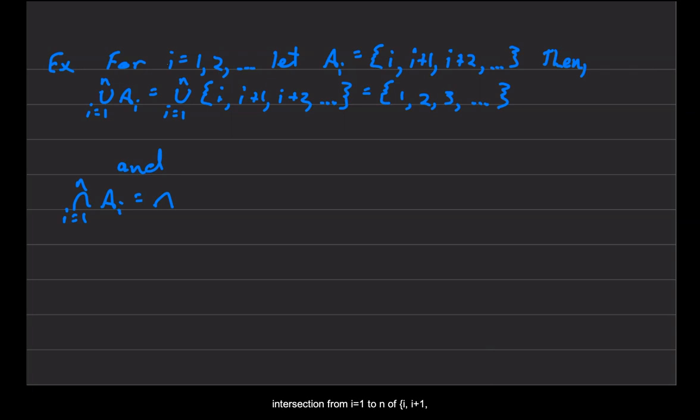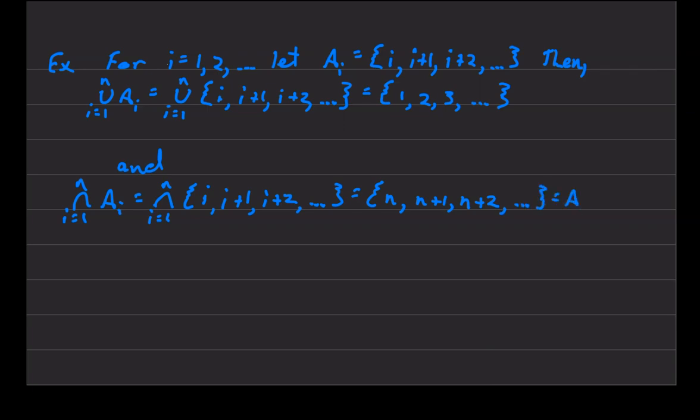It's equal to the intersection from i equals 1 to n of the set i plus 1, i plus 2, dot, dot, dot, is equal to the set of n plus 1, n plus 2, dot, dot, dot, equals An.